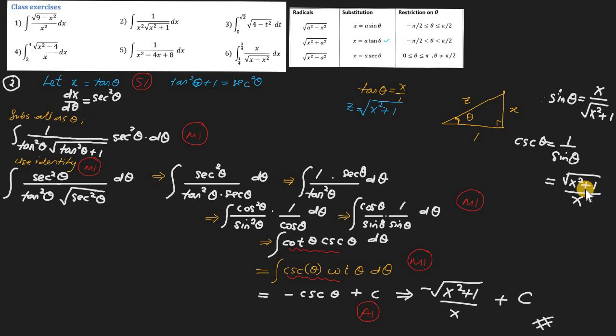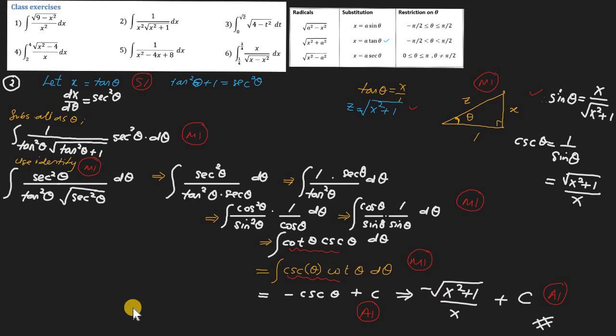So that's the value for the cosecant, and we plug that in as our final answer in terms of x. You do need to have all these methods in order to deserve the marks. Using this Pythagoras theorem, show a little bit of the work on how you change it into x.